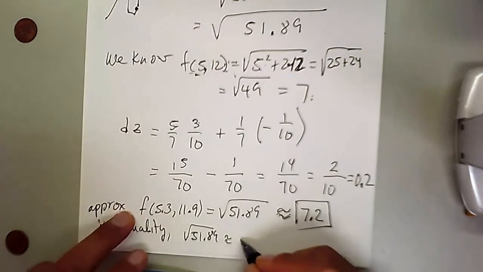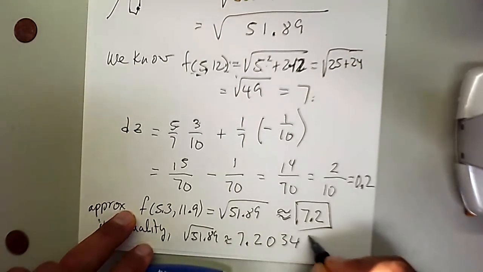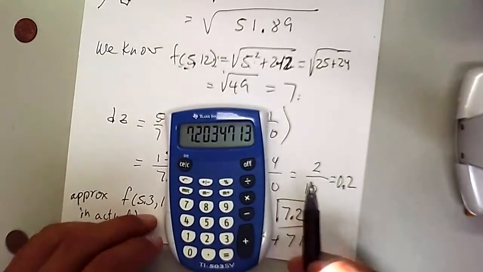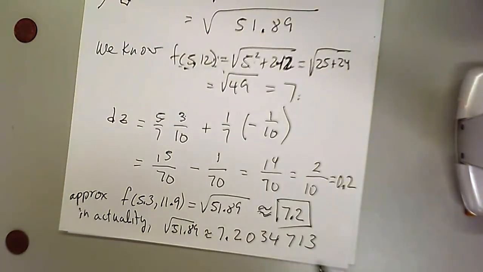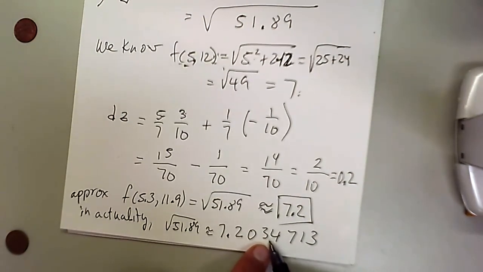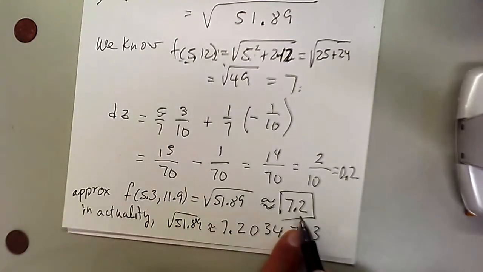So this approximation, 7.2034713. The reason why I say it's an approximation is because the calculator has many more decimals after, but of course we're not writing all of the decimals because we don't have them. But this is a more precise approximation than this one. But notice how close we were. We were 3 or 4 thousandths of a unit off. That's really, really small. This approximation without using the square root key is very, very good.